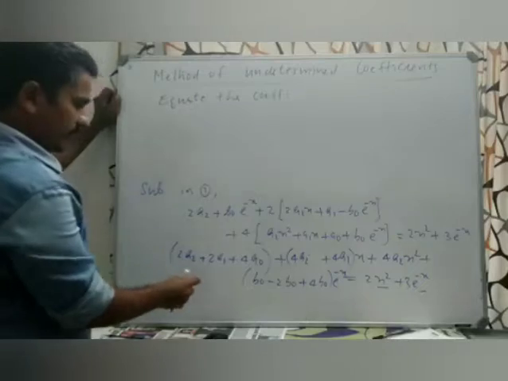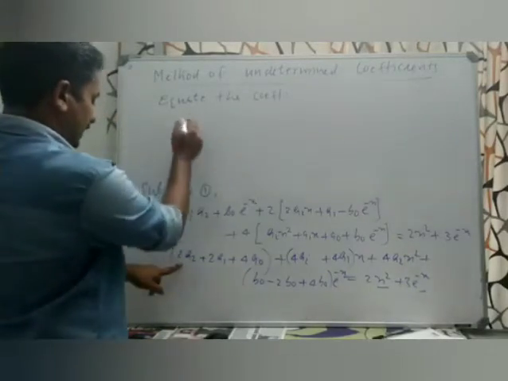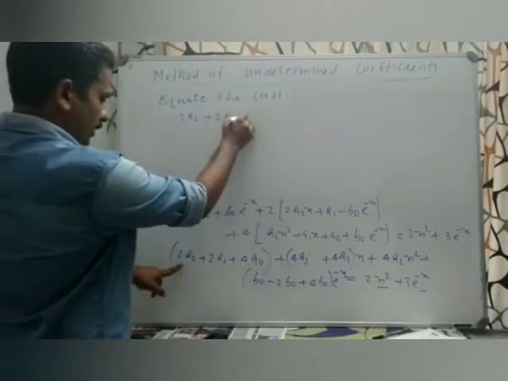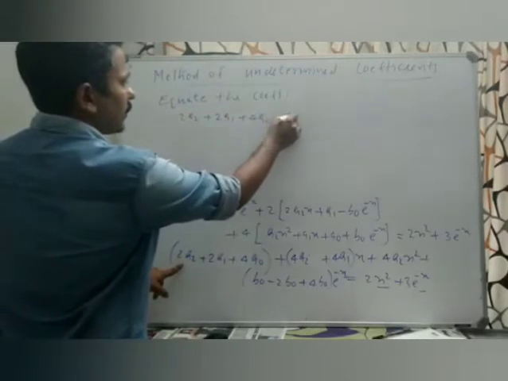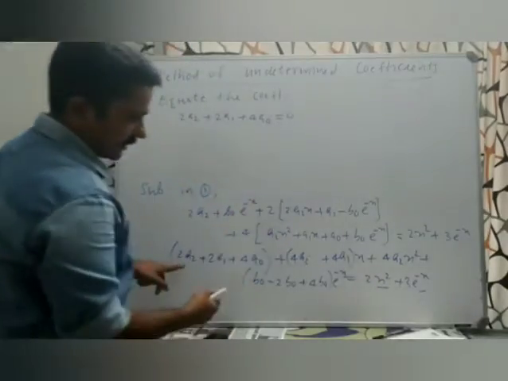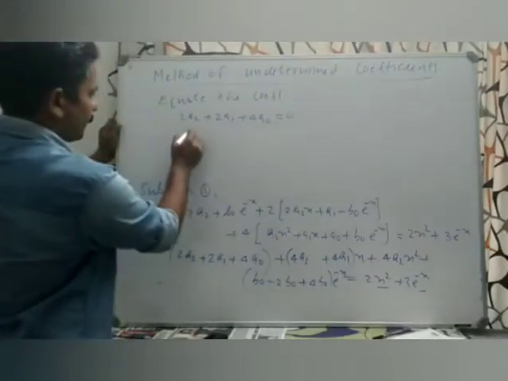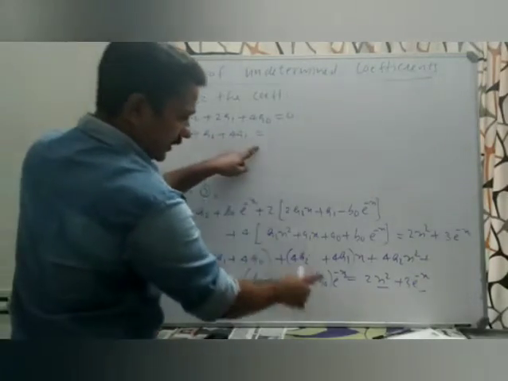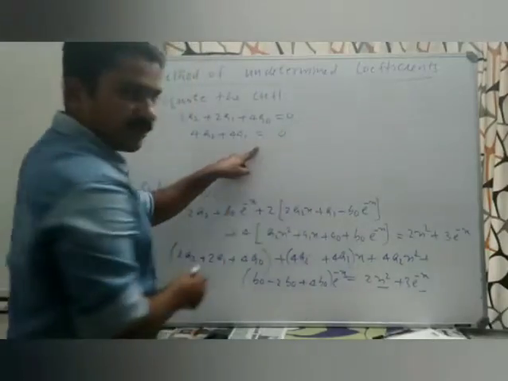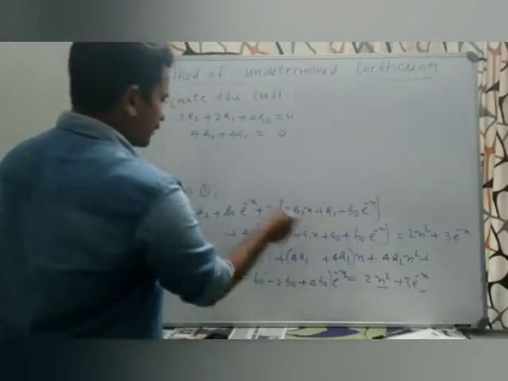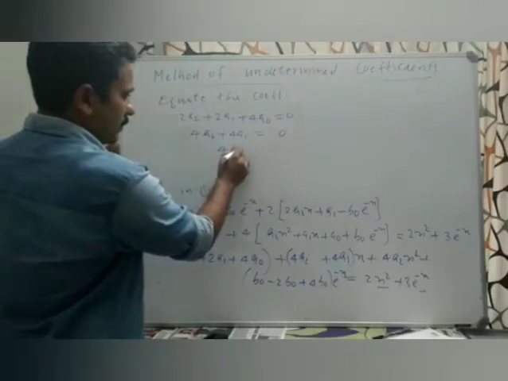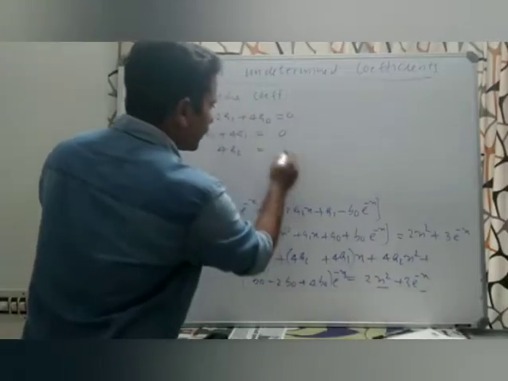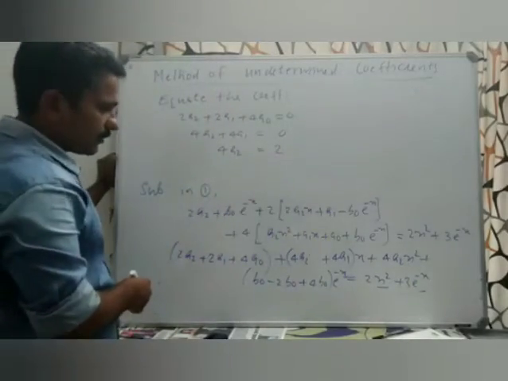On the left side we have 2a2 plus 2a1 plus 4a0 is equal to 0, because on the right side there is no constant. Now term of x again, 4a2 plus 4a1, on the right side there is no term of x, so that will be 0. And term of x square, 4a2 is the coefficient of x square, and on the right side its coefficient is 2, so that will be the same.